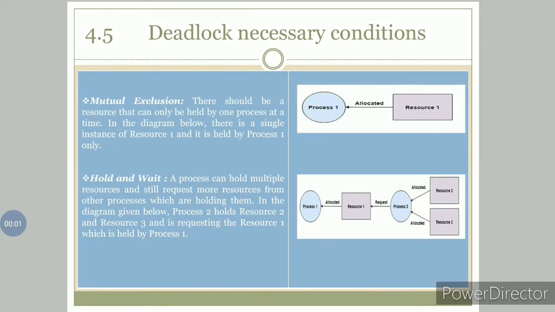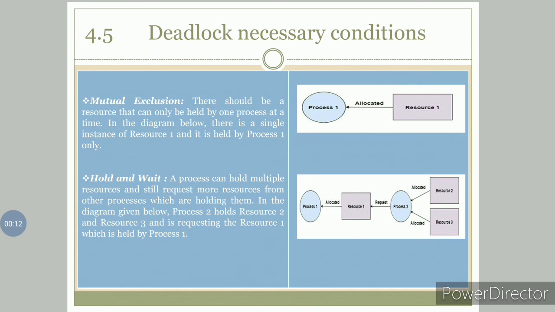Now next is hold and wait. A process can hold multiple resources and still request more resources from other processes which are holding them. Again, let me explain with an example. Suppose you are going to a friend's function, and you want some food. For that you need a plate and a spoon.